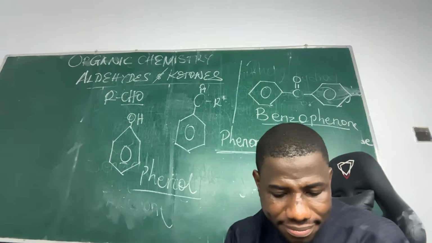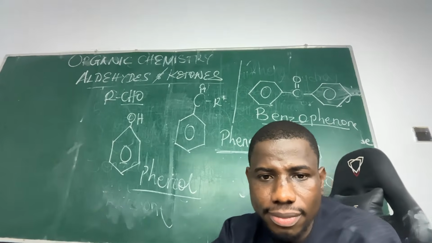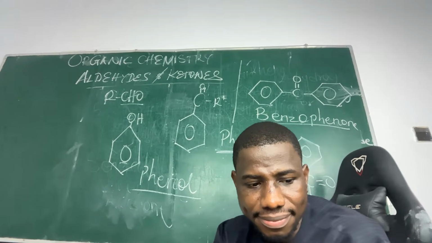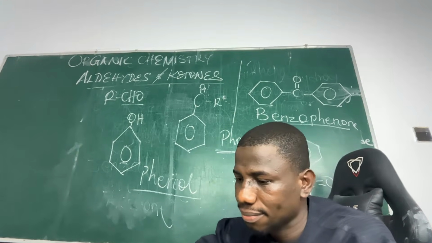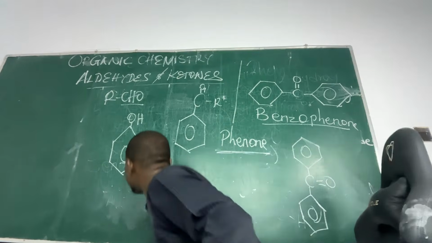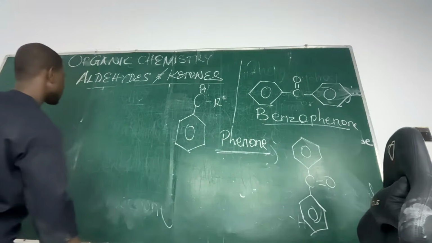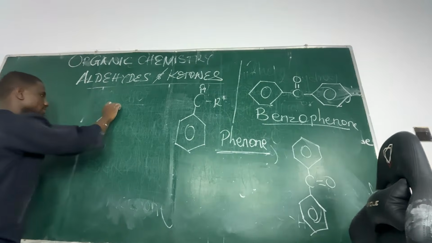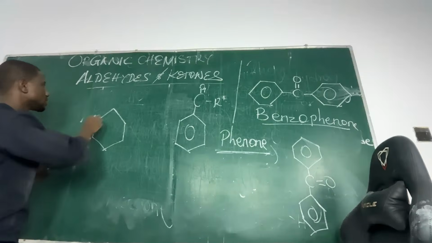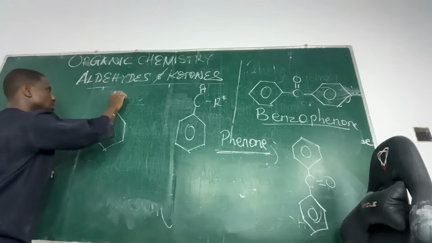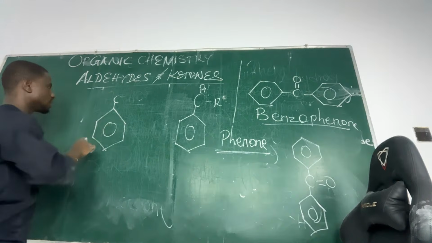The next thing. Next, I want to ask you. I have a structure I will give you guys. Then you now tell me the name. Look at this. We have this C, benzene ring.